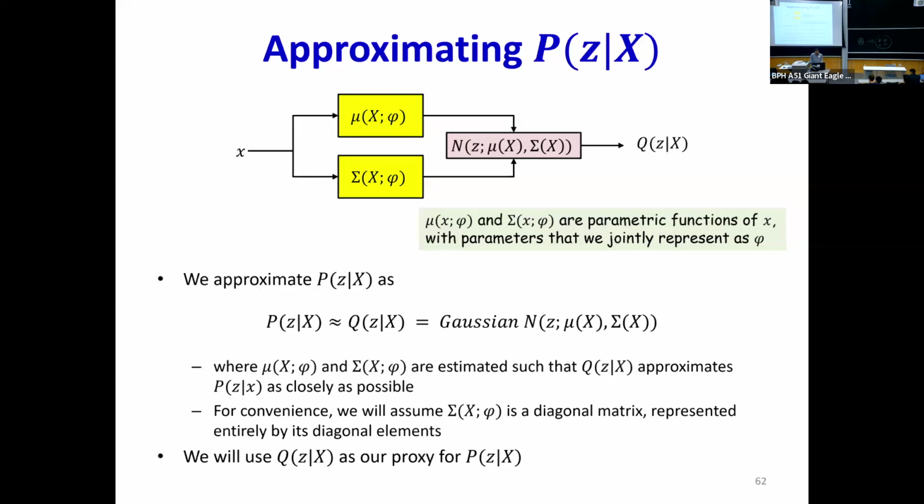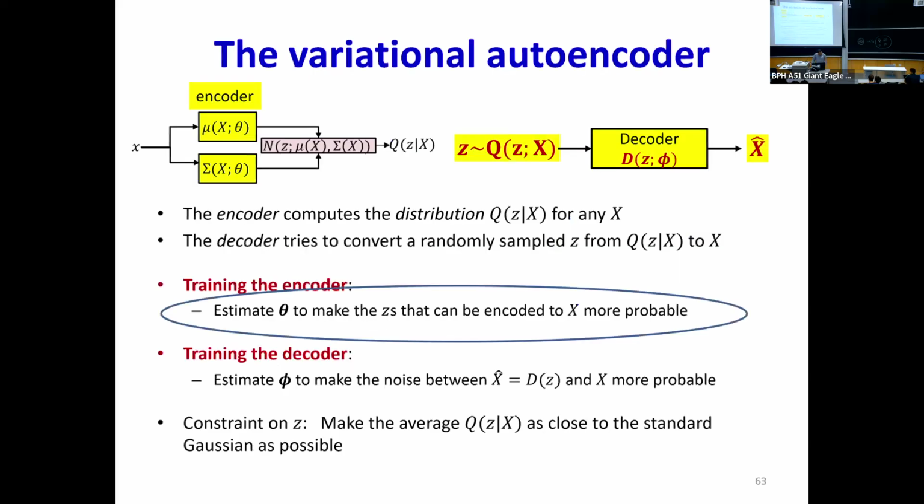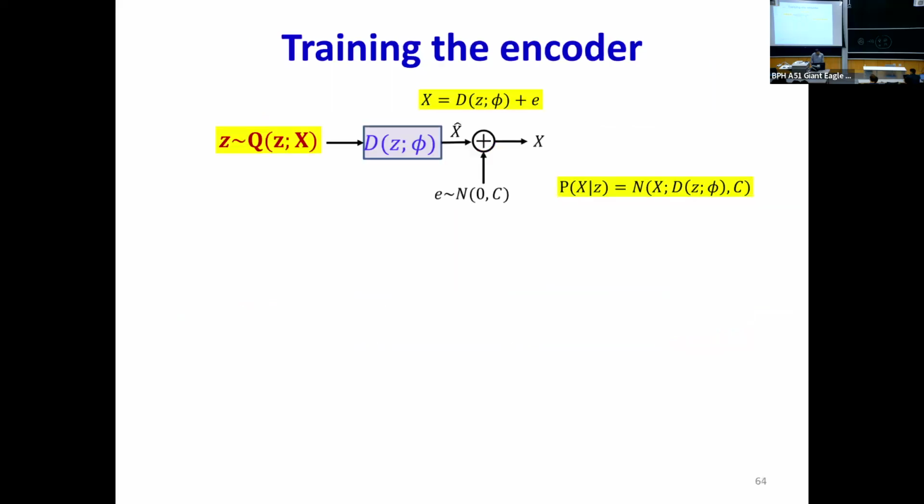And additionally, for a Gaussian, the covariance matrix can be a full matrix, but for convenience, we're going to assume that it's diagonal, just for mathematical tractability. And so we want to estimate the theta, which is the specific encoder parameters that make Z's sampled from X as close to the training data as possible, right? How do you do it? So again, how do you do that?